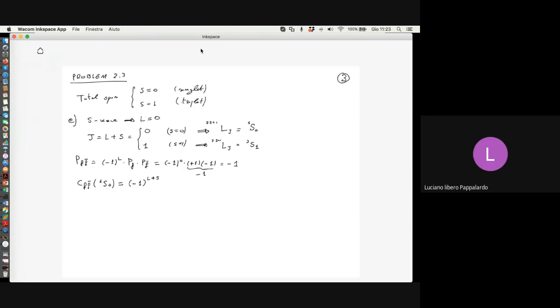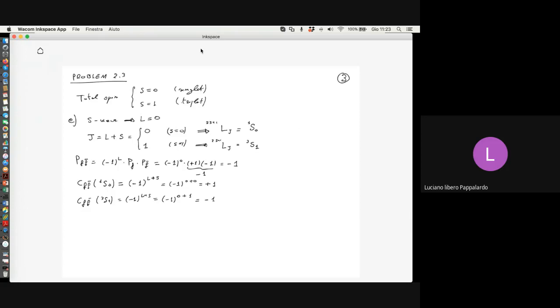So this is (-1)^(0+0), that is +1. Whereas for the other state, C of f f-bar for 3S1, that is (-1)^(L+S), but in this case we have (-1)^(0+1), because this corresponds to the triplet, and so this results in -1.